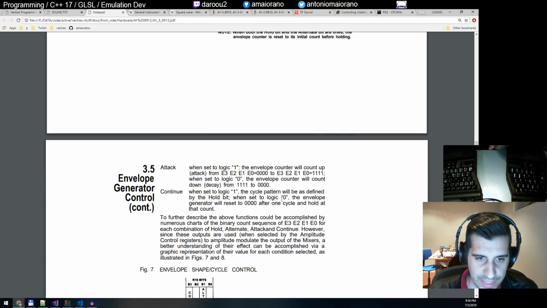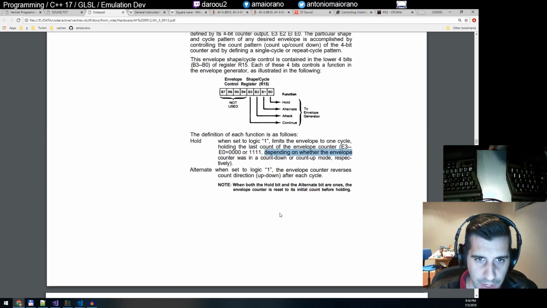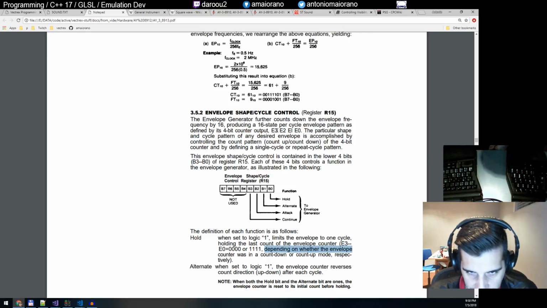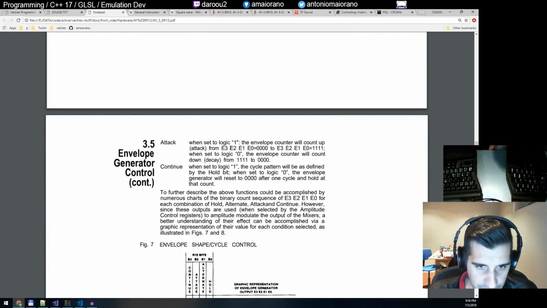Attack. When set to logic 1, the envelope counter will count up attack from, let me just see something. Okay, so they call the internal counter, the 16 value counter, the 4-bit counter, E3 to E0. So it's the E. That's what they're talking about here.